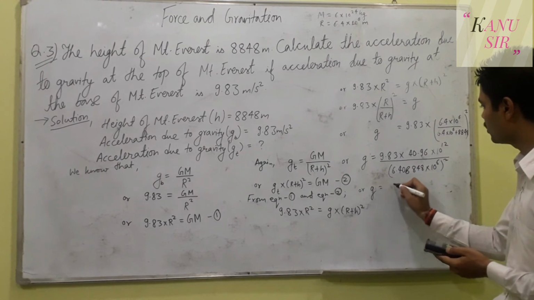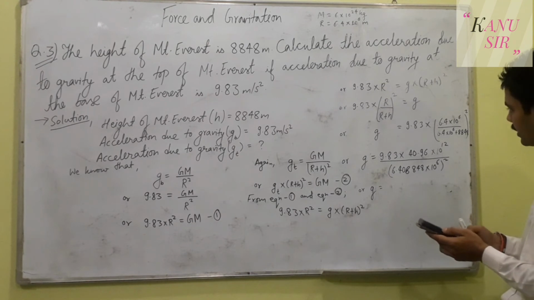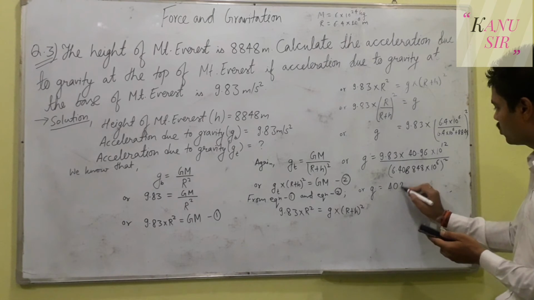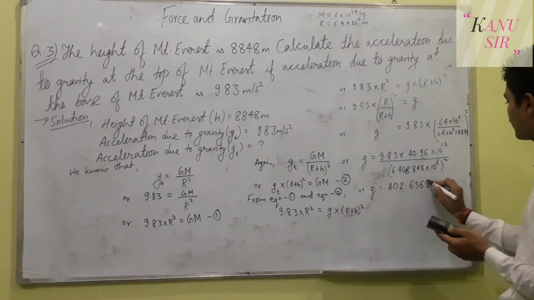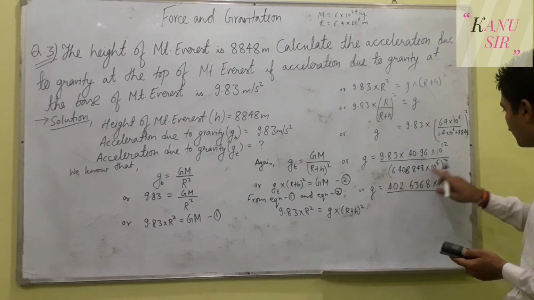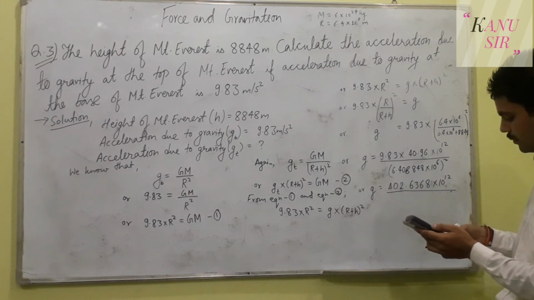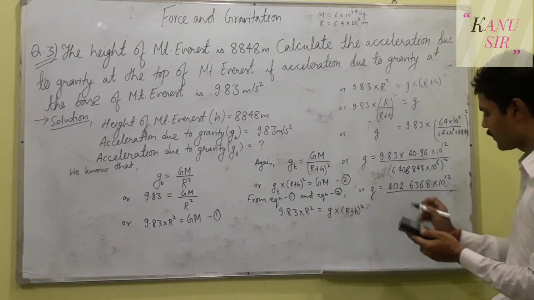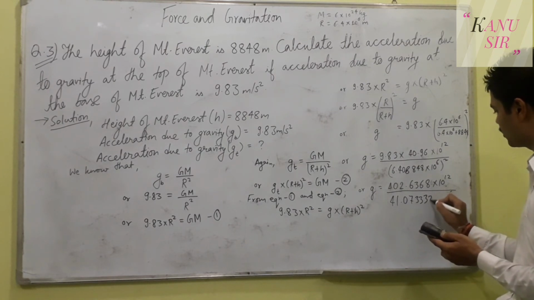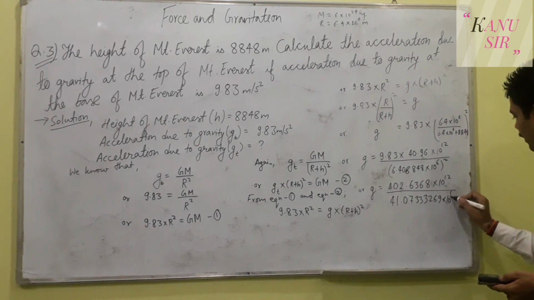Or g is equals to, you can multiply 9.83 into 40.96, you will get 402.6368 into 10 to the power 12 upon the number squared here, 6.408848 square. You will get 41.0733369 into 10 to the power 6 times 2, which will be 10 to the power 12.